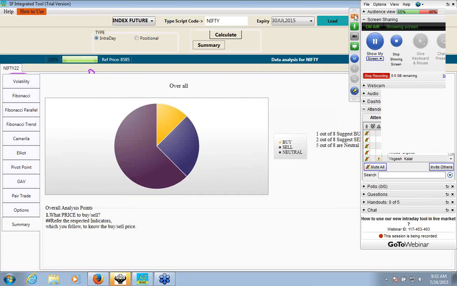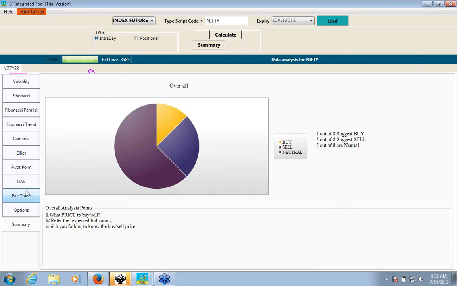Gann study is already programmed in the GAV. GAV stands for Gann angle and volatility. And for all these principles, Fibonacci, Elliot, Cambrilla, pivot, we have used the dynamic approach.